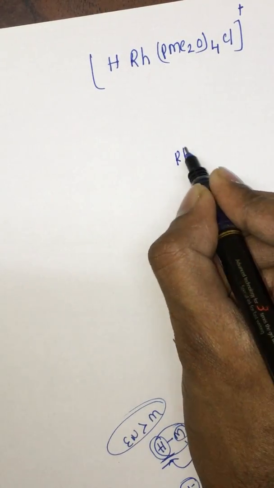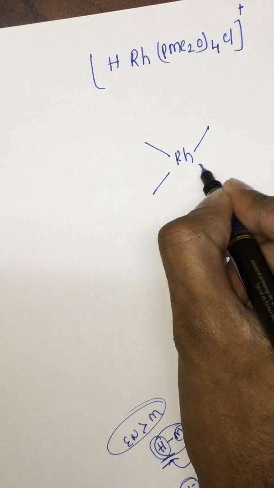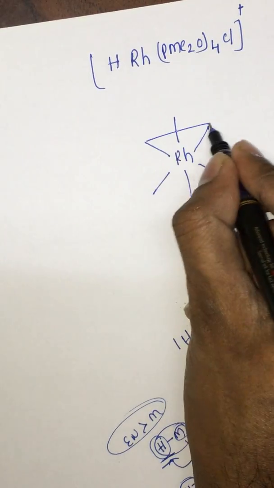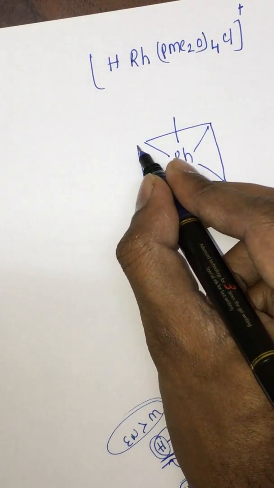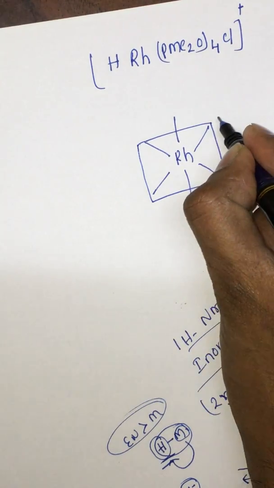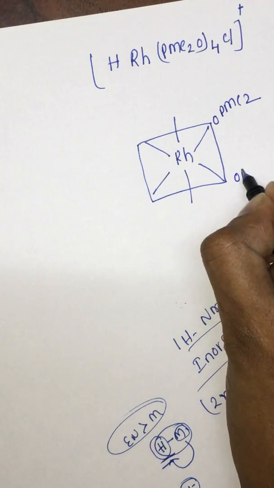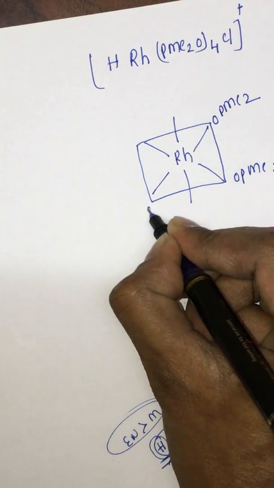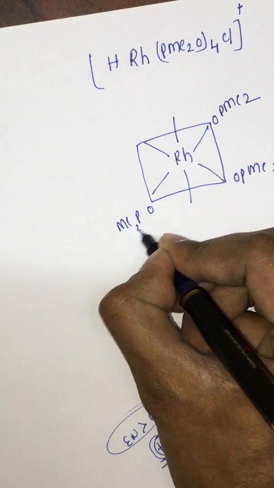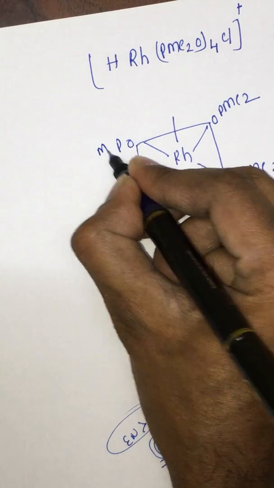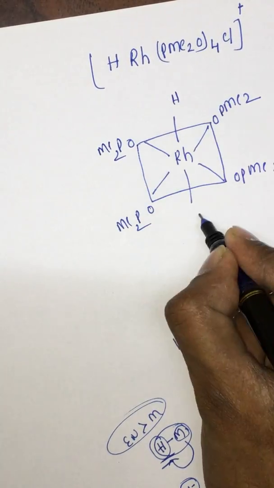We have rhodium here; this is an octahedral complex, with the phosphorus ligands OPMe2, and here hydrogen and here chlorine.